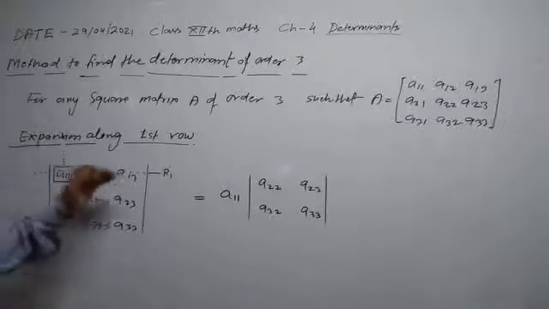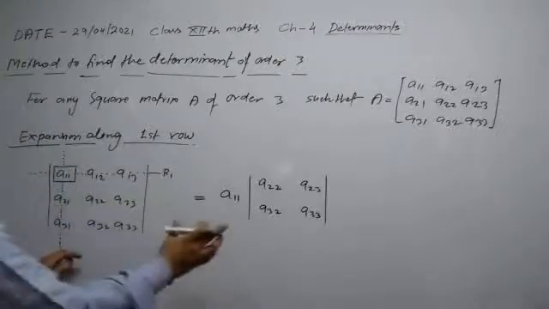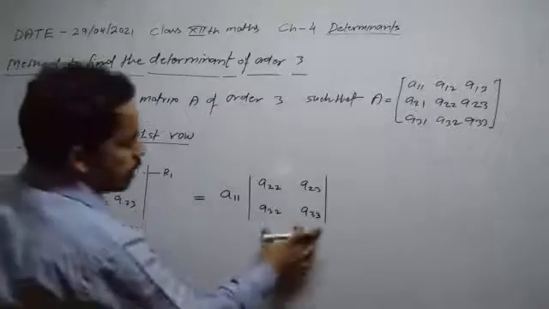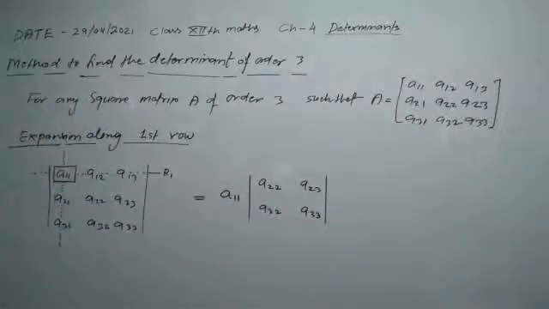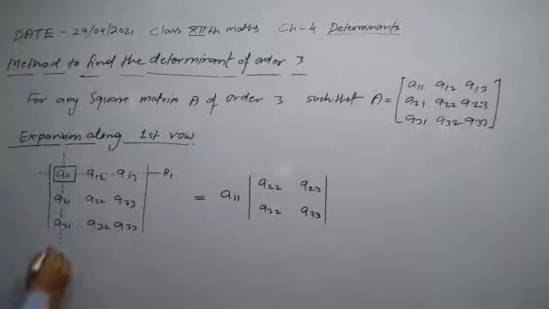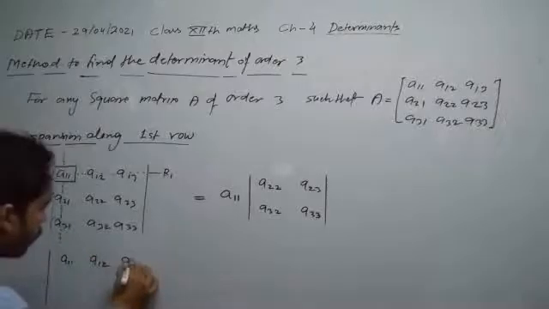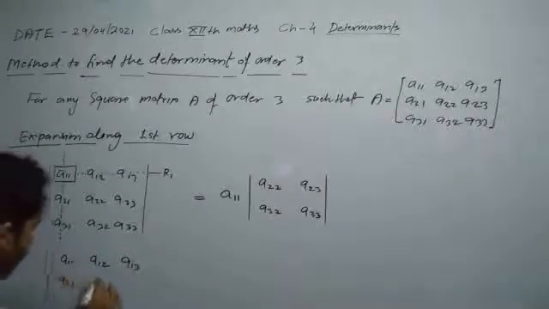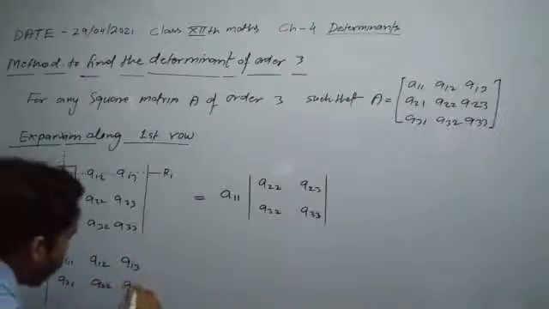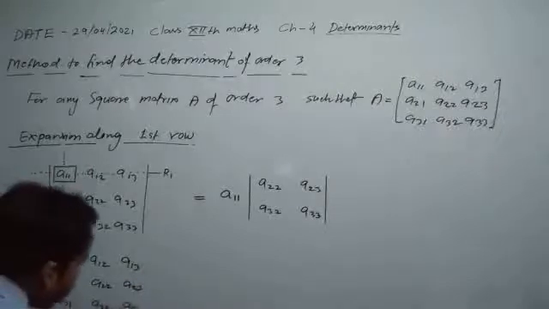So you will leave first row and first column, then you will get this type of arrangement. Similarly, A11, A12, A13, A21, A22, A23, A31, A32, A33.